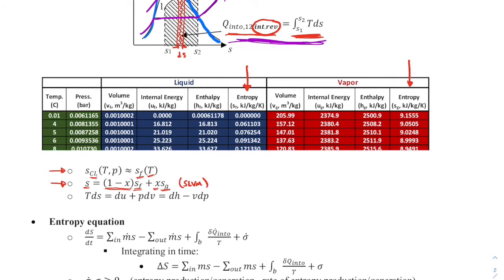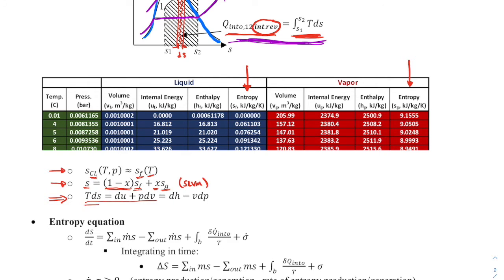We also have the TDS equations given in the last bullet point here. These we discussed in the last lecture. These are expressions that give us a way to relate properties to one another. And there are two TDS equations. The first one is TdS equals du plus PdV, so it involves the specific internal energy.